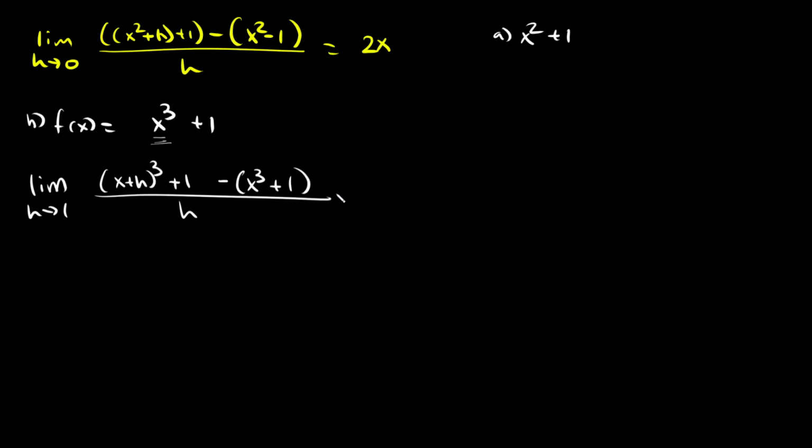So let's expand my limit. This is going to be 0 here, by the way. Okay, so I'm going to use my Pascal triangle to expand my x plus h to the power of 3 here. But you guys can just distribute it normally. I'm using the Pascal triangle to go faster.